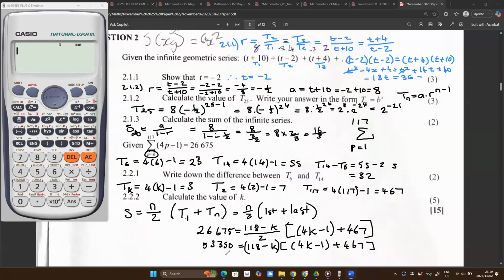Okay, so I get 0 equals 4k squared minus 6k minus 1638, which I can divide everything by 2, and I get 2k squared minus 3k minus 819.